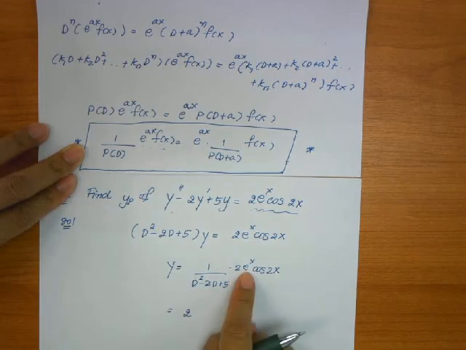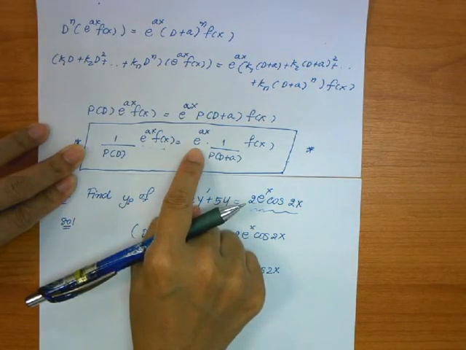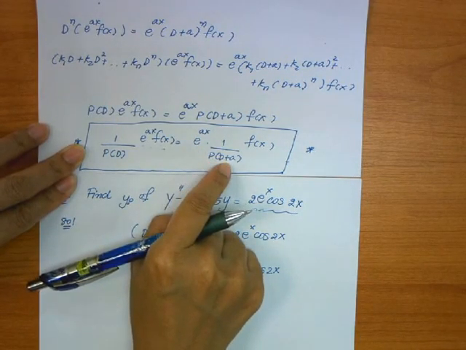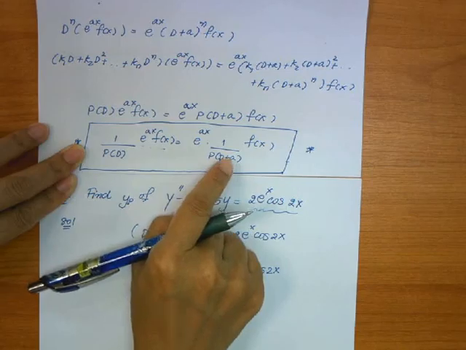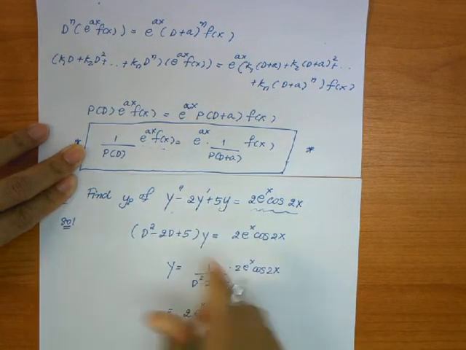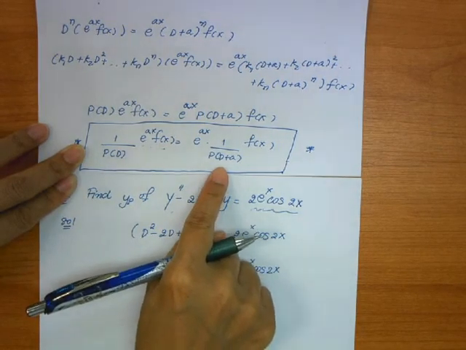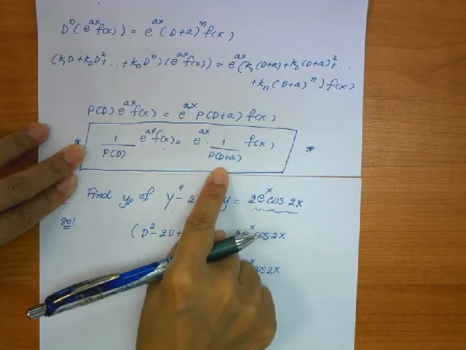We have exponential here. For case 4, we can take the exponential out of our 1 over P(D). So I take it out, but now our P(D) has to change to P(D plus a).